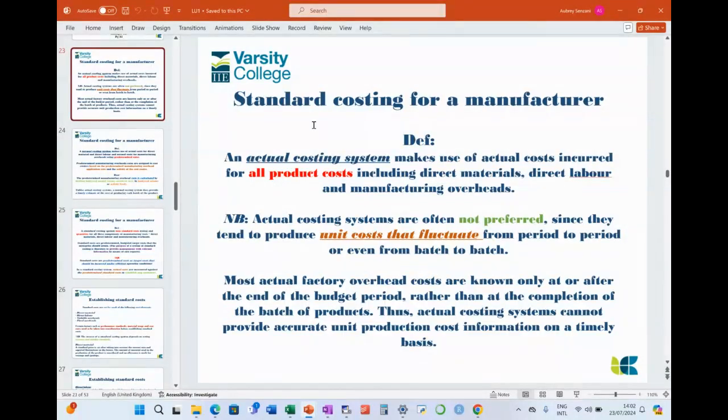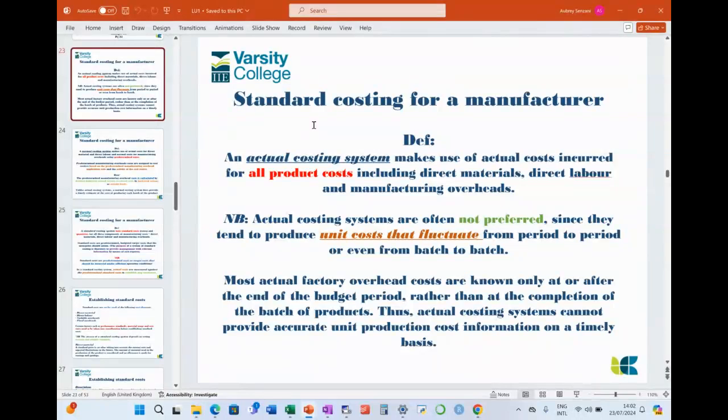We have an actual costing system, which makes use of actual costs incurred for all products, including direct materials, direct labor, and manufacturing overheads.